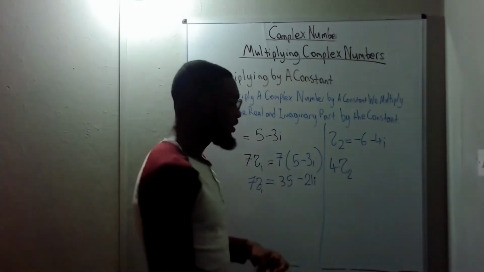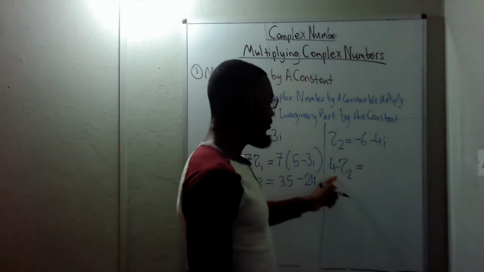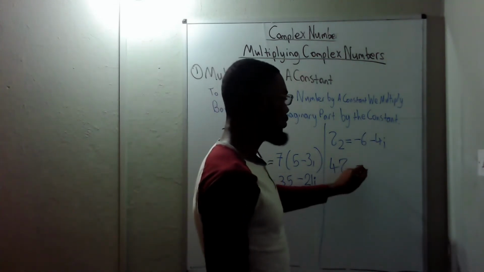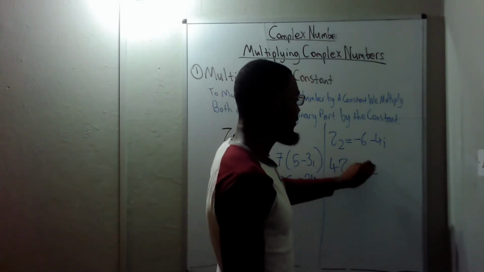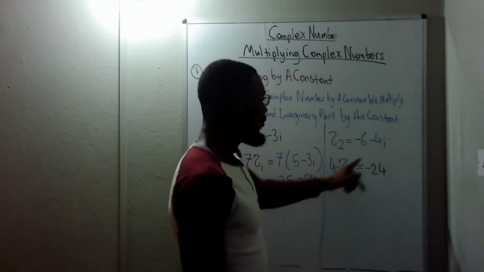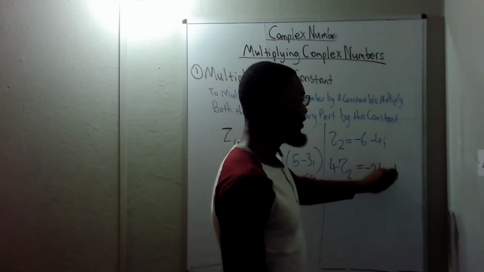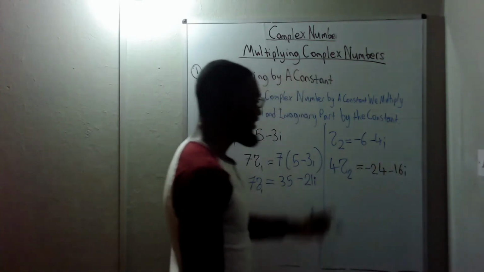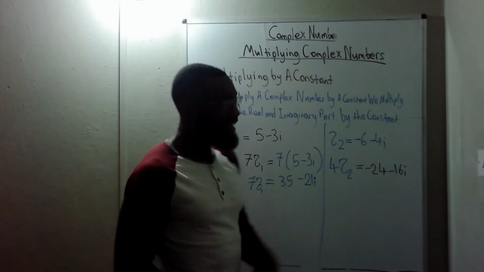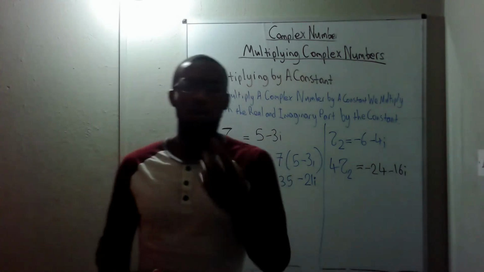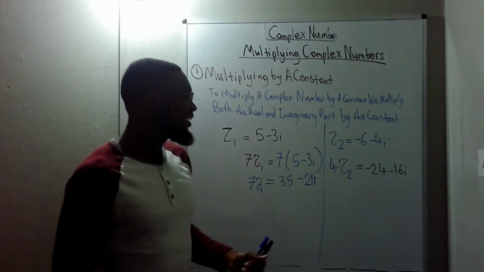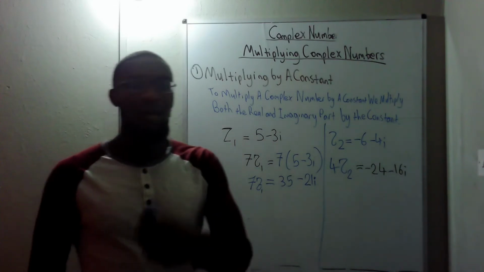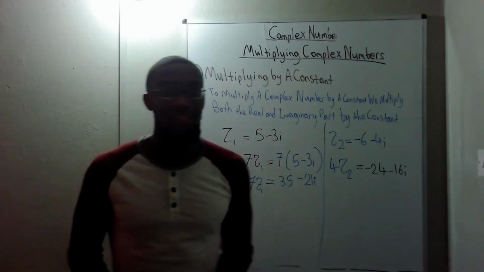We just multiply both of them by 4. 4 times minus 6, that's minus 24. And 4 times minus 4, that's minus 16i. So that's 4z2. Alright, so that's when you multiply a complex number by a scalar. A scalar just means constant.